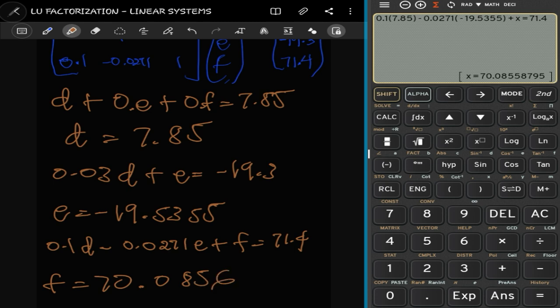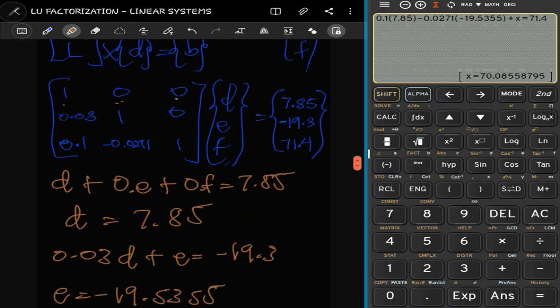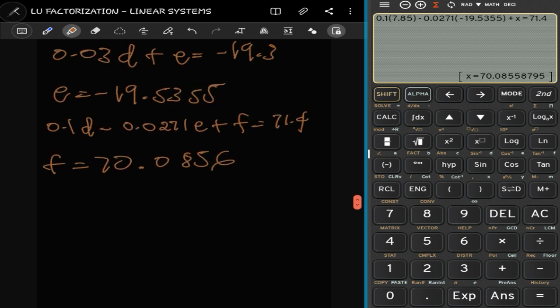So the next step will be to multiply. We've done two things with L. We found our L and U, and then we found the D. The next thing is to multiply the upper matrix by X, equate it to D, and find the X now. So that's what we do.